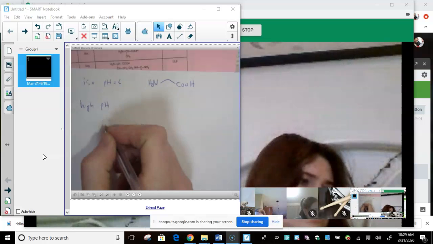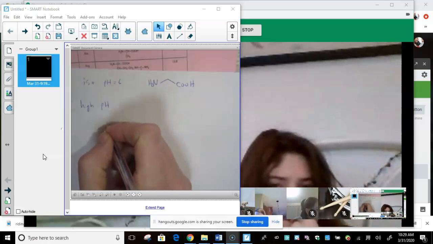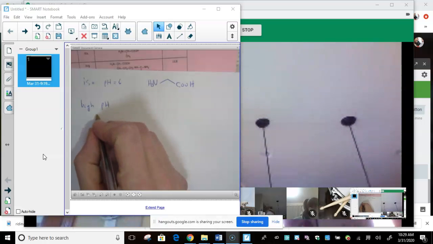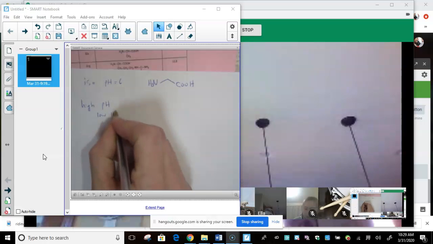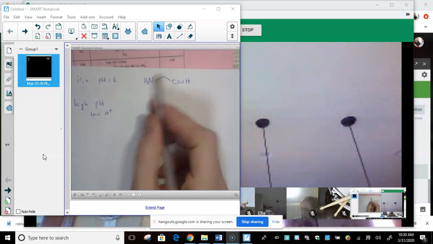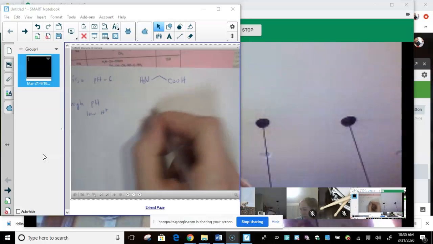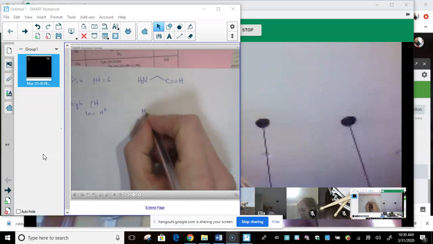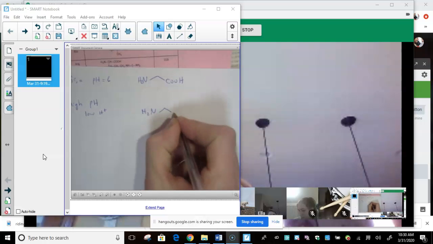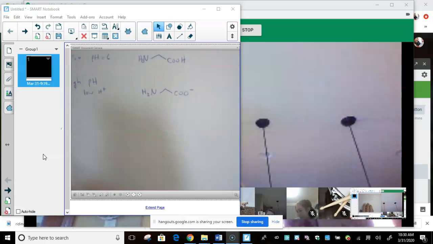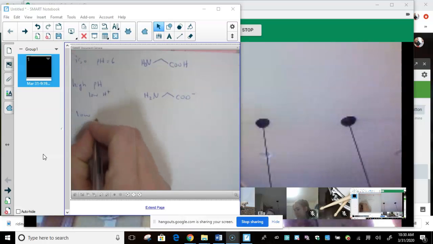So high pH means what type of environment? H plus wise, low H plus. So therefore, the amino acid is going to give H to the environment, and it's going to form a negative charge.